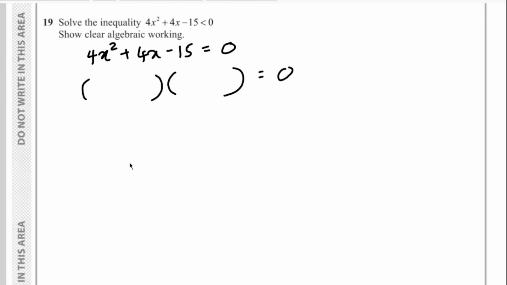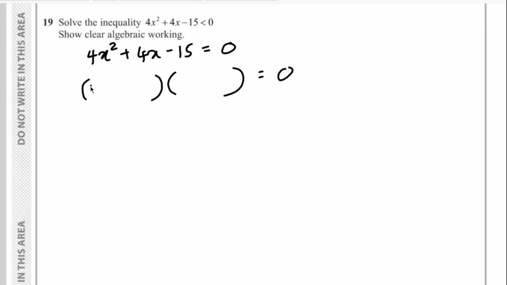Question 19. Inequalities, quadratic inequalities. First step, write down the inequality and convert it into an equation. 4x squared plus 4x minus 15 equals 0. By solving this, we can get the critical points. So let's solve this equation. You can use the modify 3 method and convert into factors, or you can do it manually.